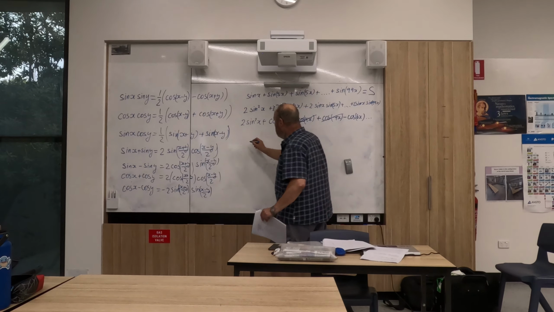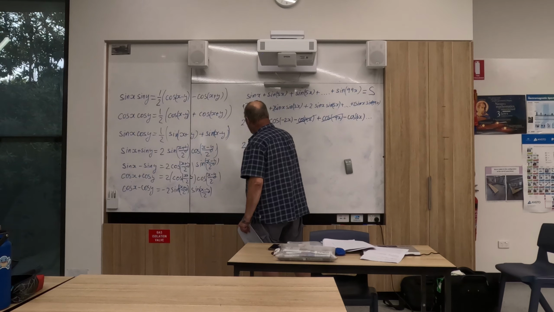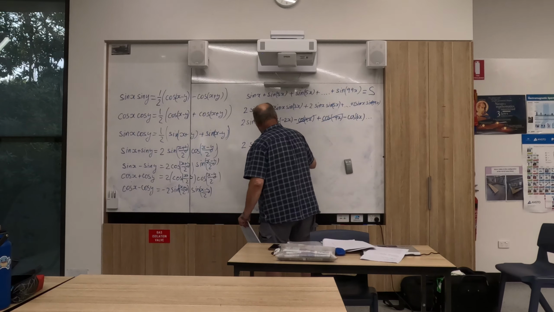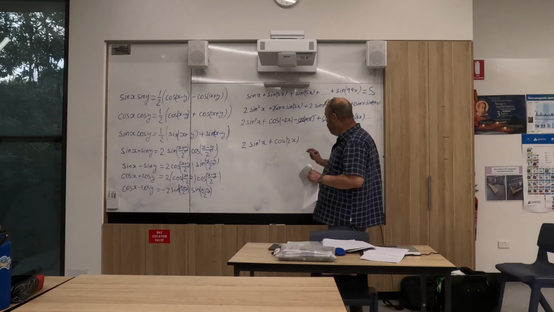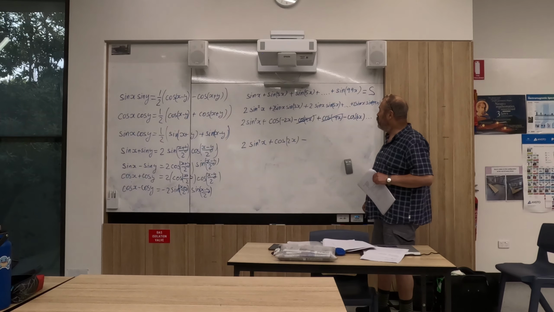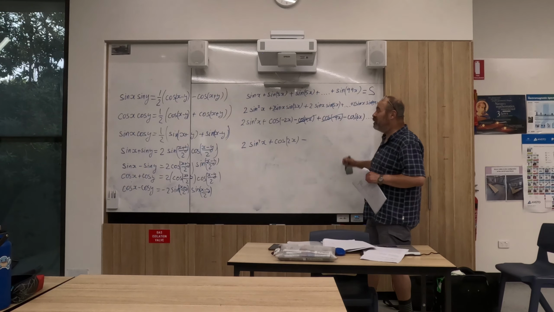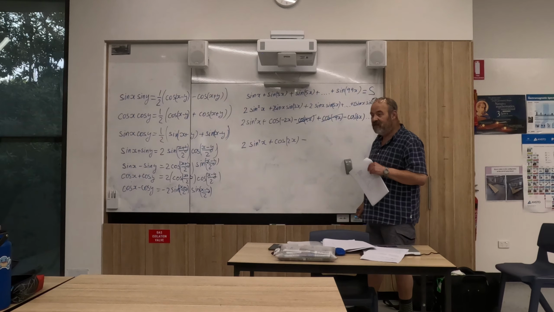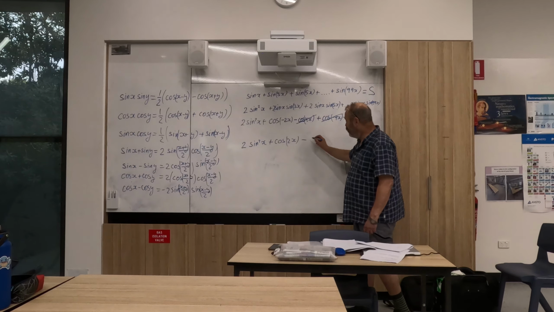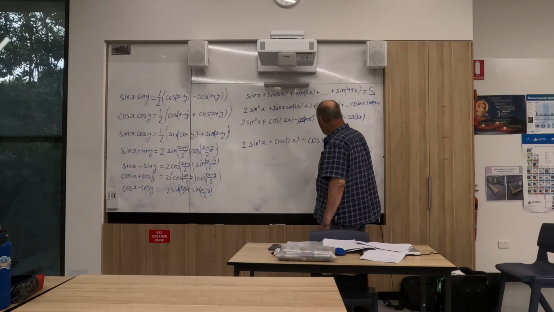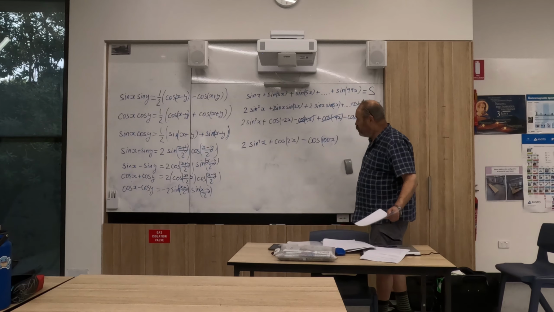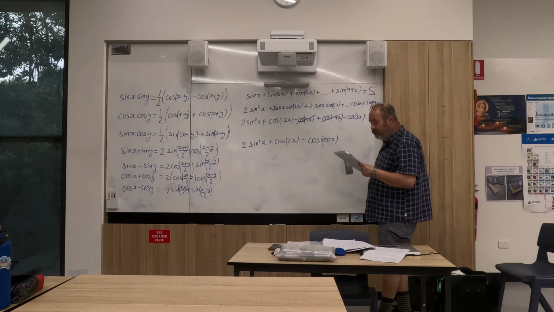We have the first one left, 2 sine squared x, then plus cos 2x, and the very last one, minus cos 100x. It's not divided by 2. So that's what we're left with at the end.